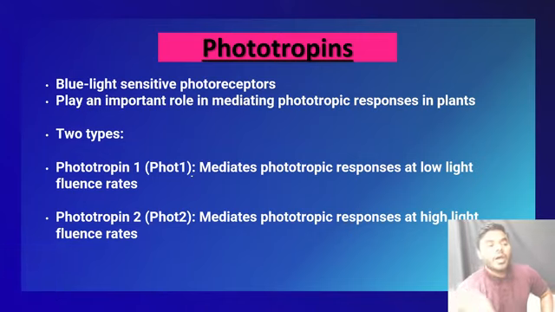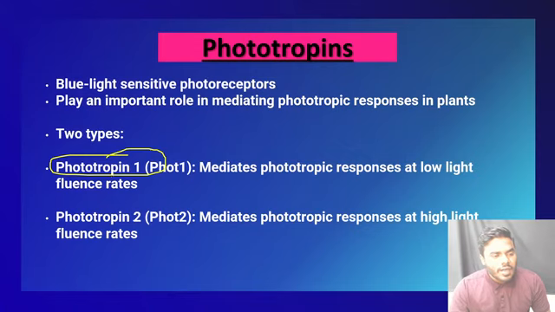Once again, keep on comparing with the cryptochrome and phytochrome. How many types of cryptochromes are there? Cryptochrome 1, cryptochrome 2. How many types of phytochromes are there? Phytochrome 1, phytochrome 2. Same way, how many types of phototropins are there? Same, two types of phototropins: phototropin 1, phototropin 2.